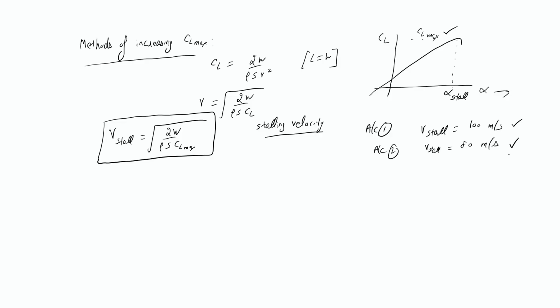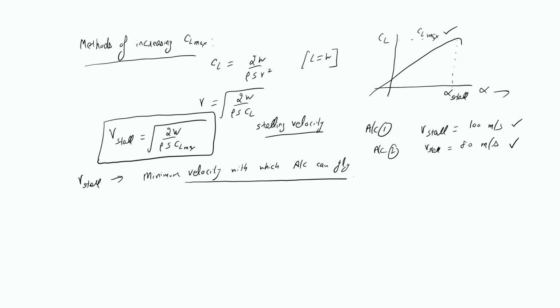First of all, we need to understand what stall velocity is. Stall velocity is nothing but the minimum velocity with which the aircraft can fly.